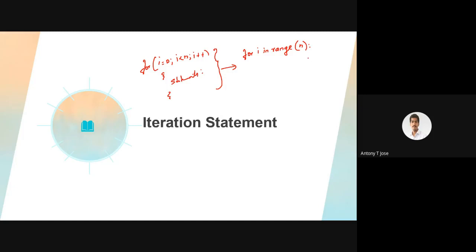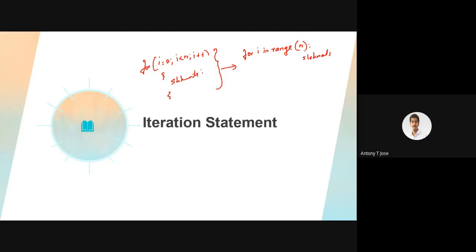Then I'll be writing the statement with a tab. So this is how you'll be writing a for loop in Python. A for loop which corresponds to for I equal to 0, I less than n, I plus plus will be like for I in range n colon, and then writing statements.